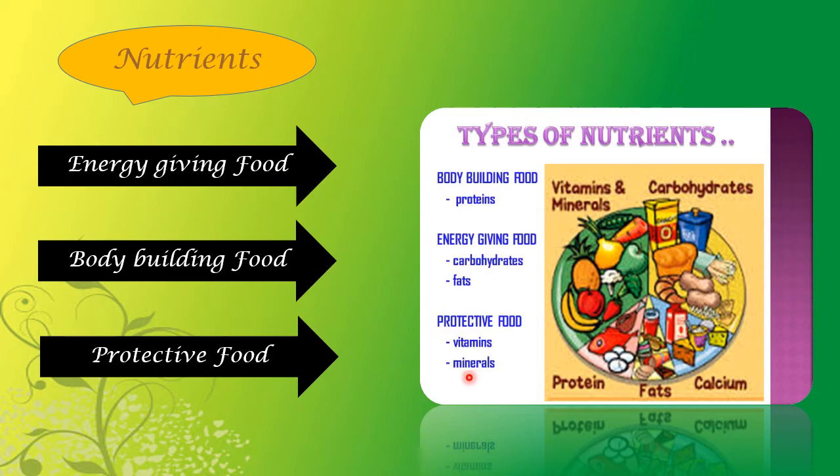So it gives protection to our body. Proteins help in building up the muscles. Carbohydrates and fats give energy for the body. All right.